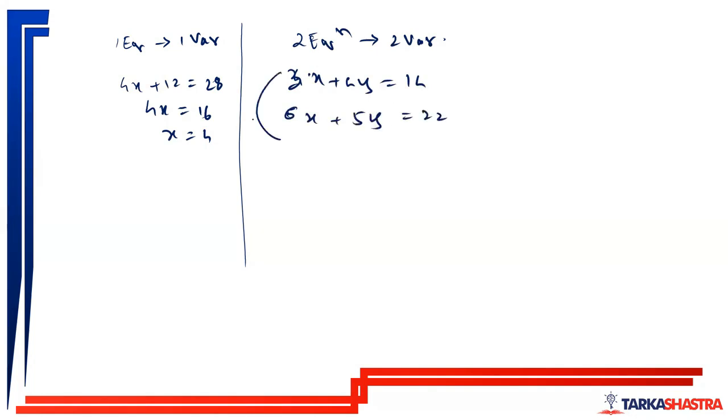How to solve it? Either equate the coefficient of x or equate the coefficient of y. If we equate the coefficient of x, that is multiply this whole equation by 2, we get 6x plus 8y is equal to 28. Subtract, so this is minus 3y is equal to minus 6, y is equal to 2.